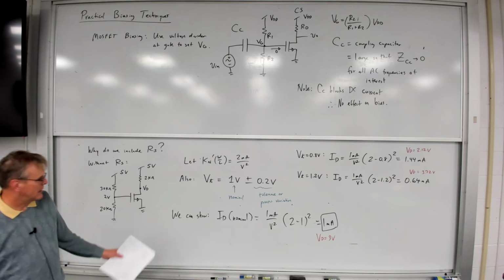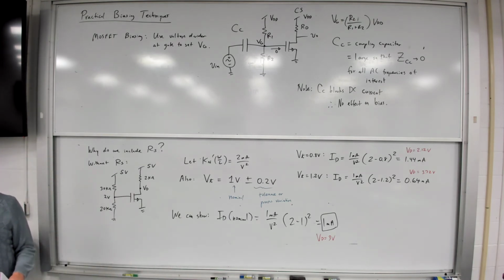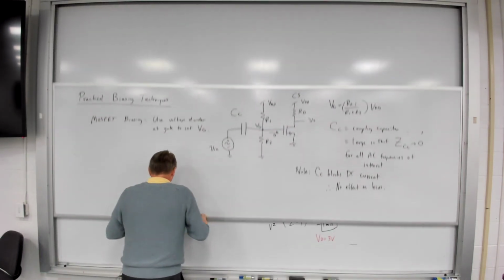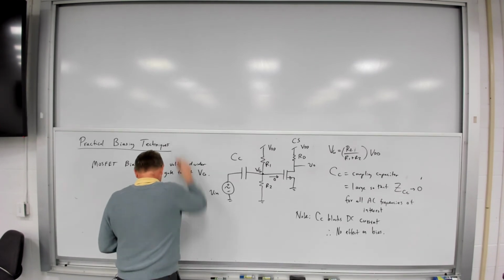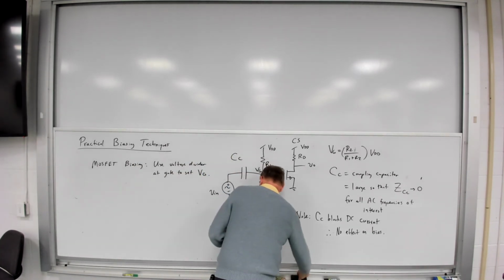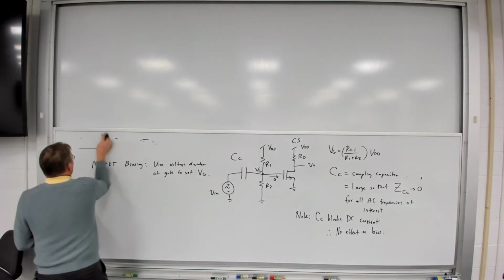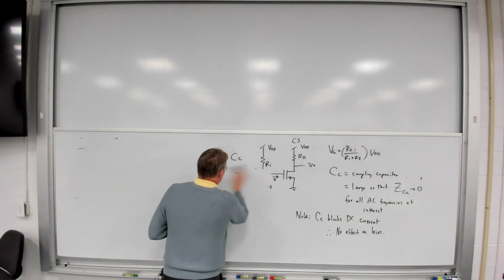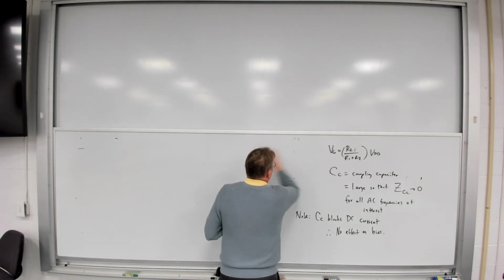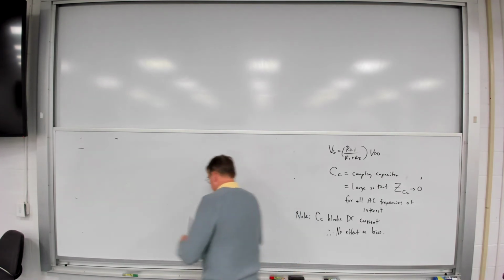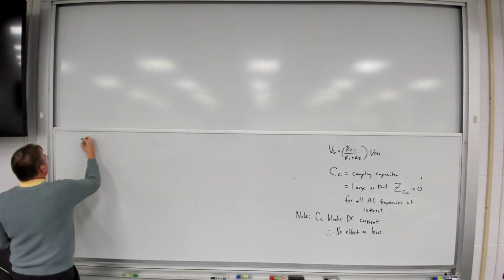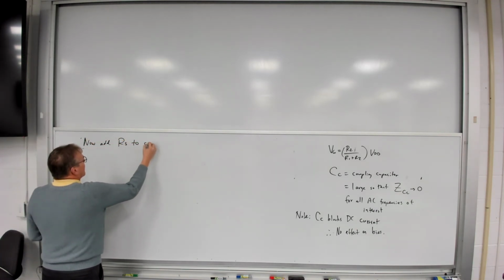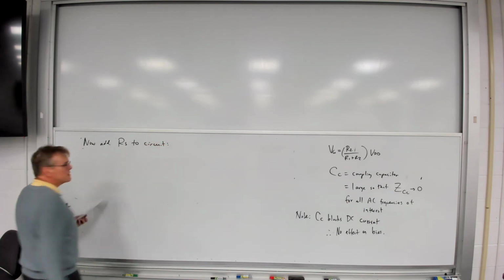Let's do this problem again, only now let's add a source resistance to this circuit. So let's add R sub S to our circuit.